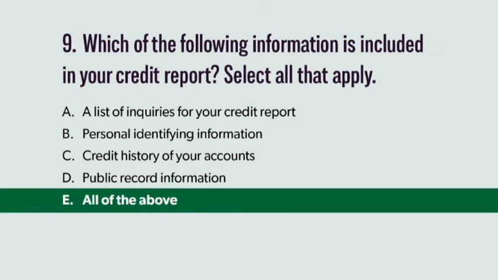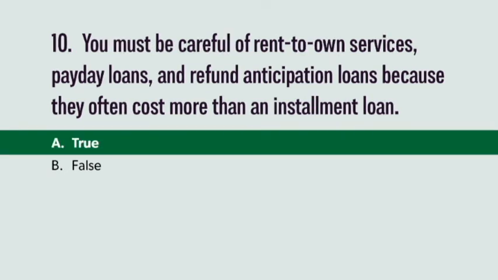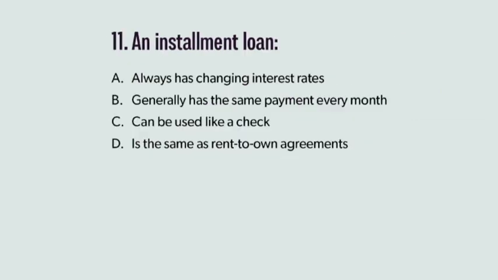I hope you remember when we reviewed the credit report, it would be E, all of the above. Number 10, you must be careful of rent-to-own services, payday loans, and refund anticipation loans because they often cost more than an installment loan. Is this true or false? And yes, it's true.